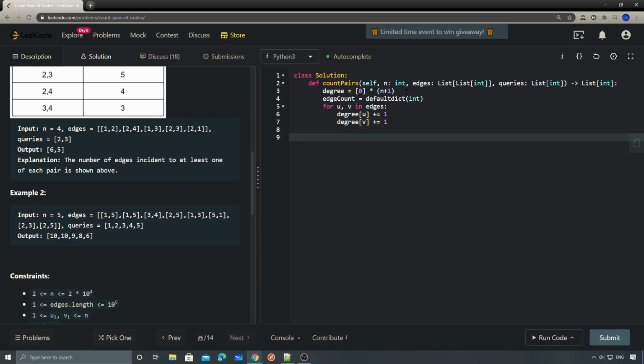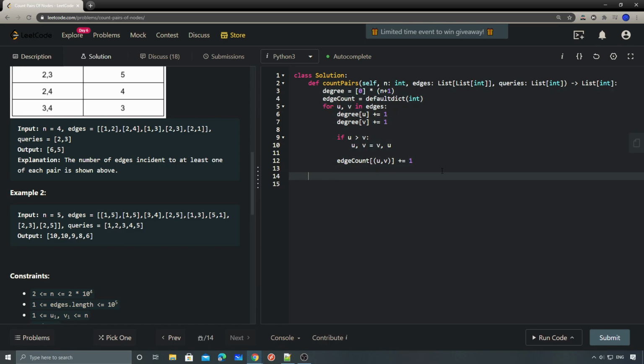And then for the edge count, if u is greater than v here, I just swap u and v, right? And then I do edge count of u and v increased by 1, right? So now we have all the information we need here.